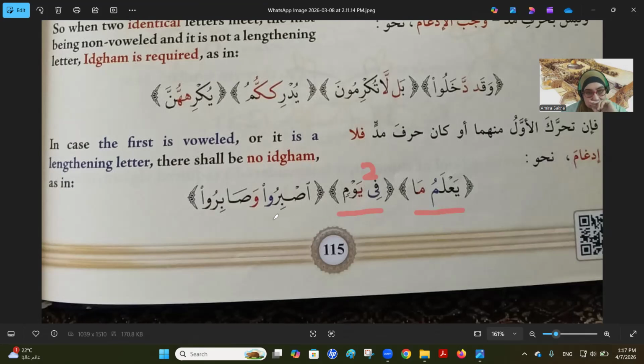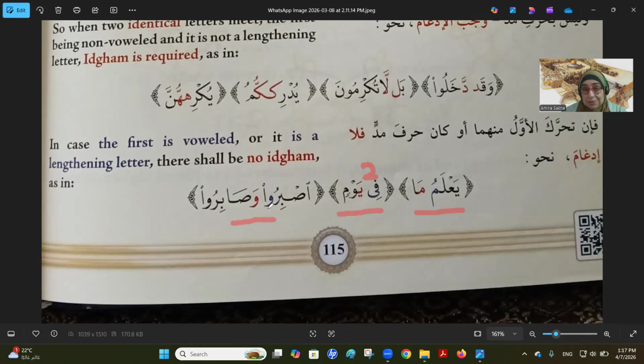Okay, here I have waw and waw, identical, same letter. But what is the condition which is not available? The first one is a natural mad, a mad letter or lengthening letter.